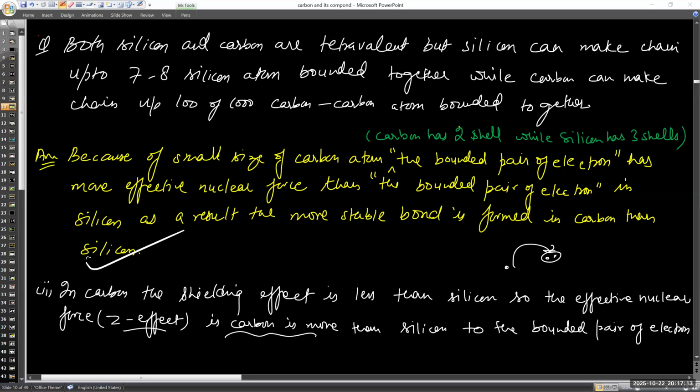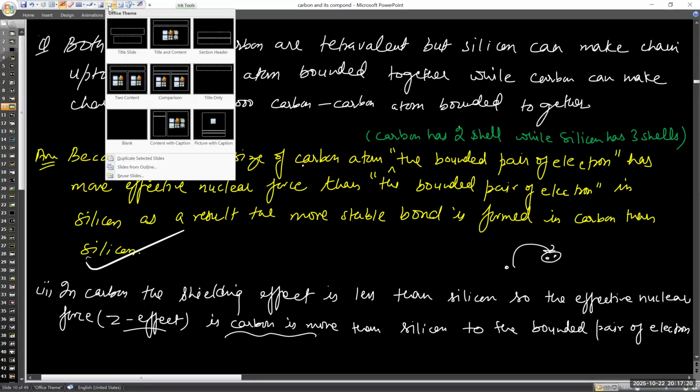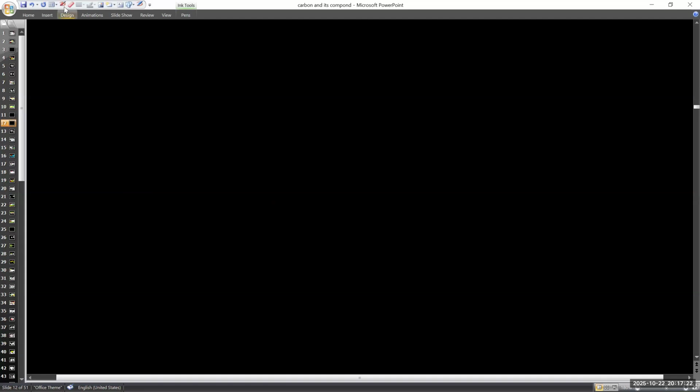So here we have one more thing. Let me ask you: in silicon the radius is increasing, because the outermost shell is going far away from the nucleus as we compare with carbon.